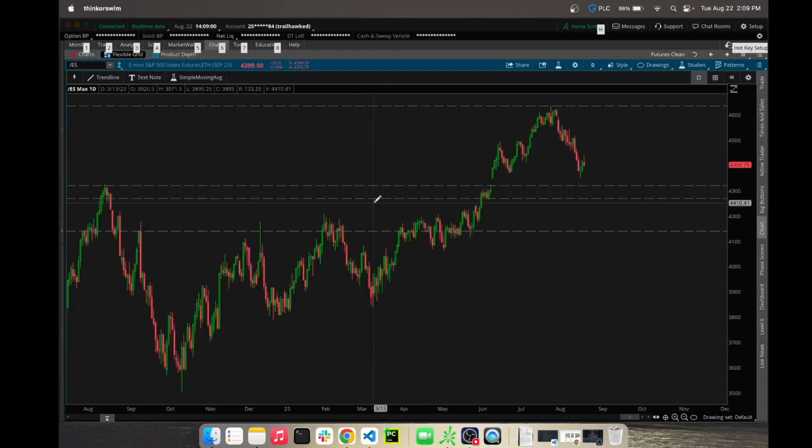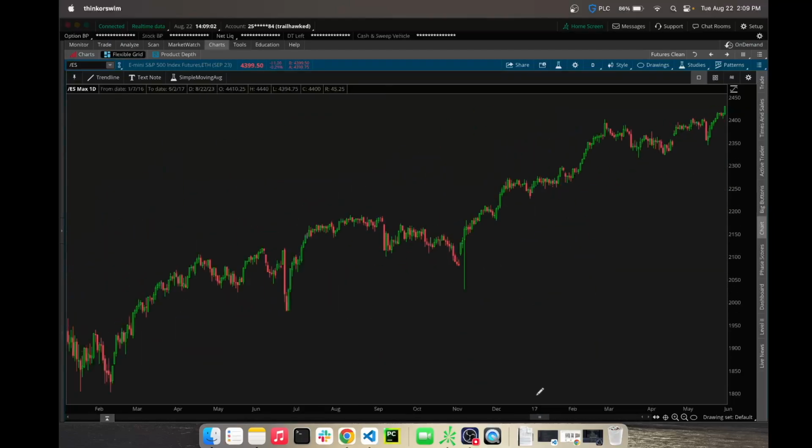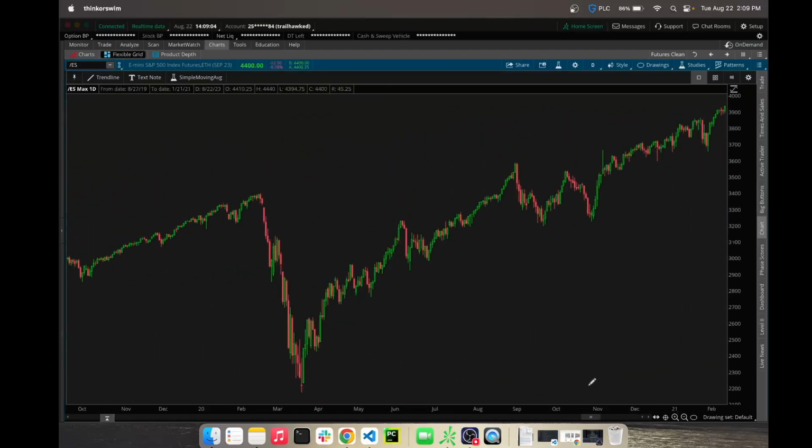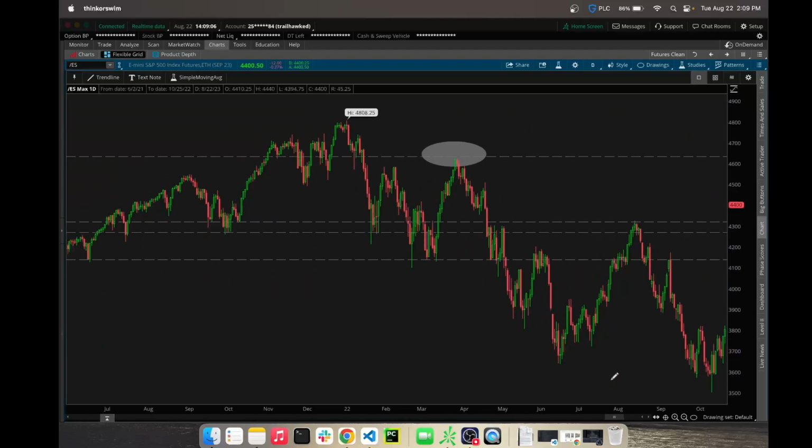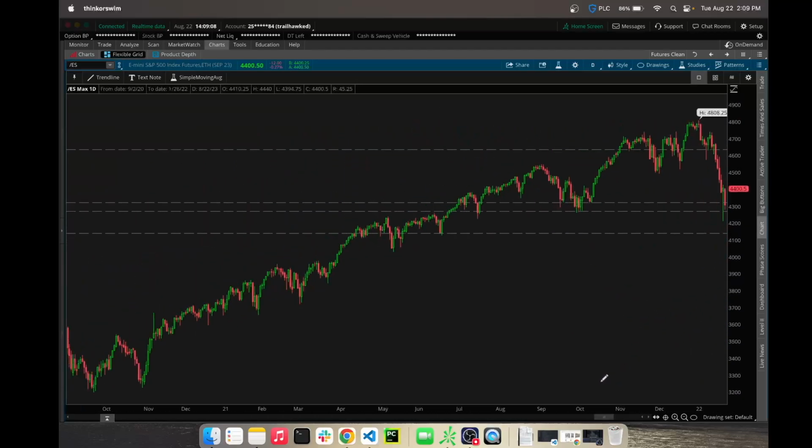What I intended to do was go this way. So if we're looking at this area, which is the other one that we had talked about, and we had come down here and tested this area, bounced out of it, made really solid headway out of it, continued to stay above it, and then we come back again and we test it.